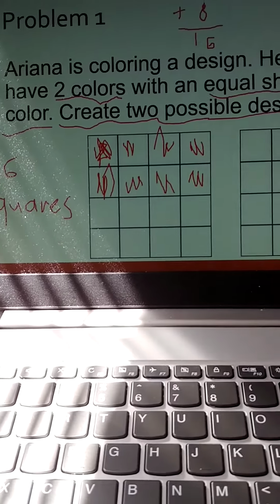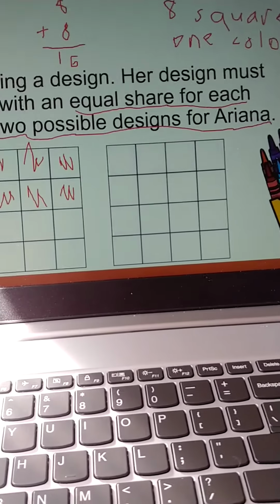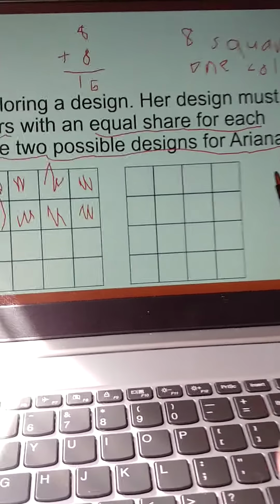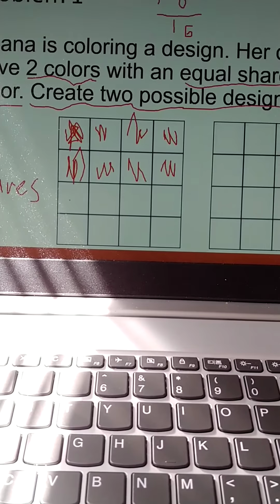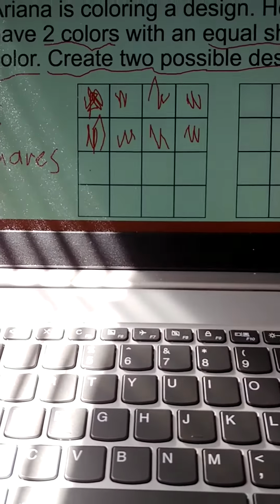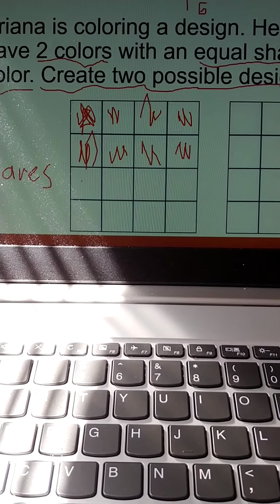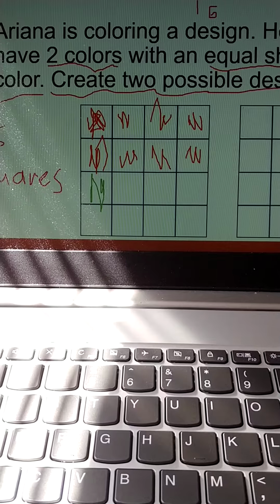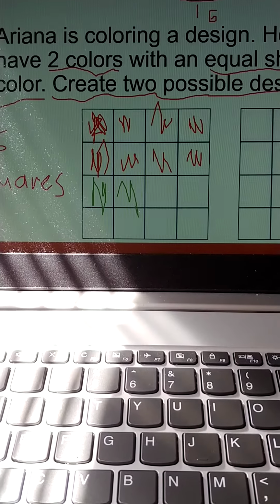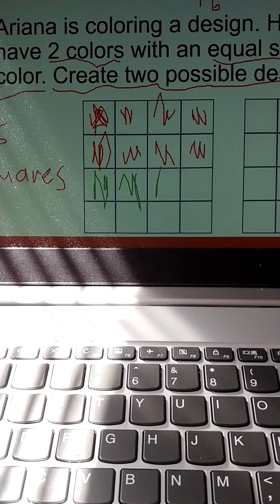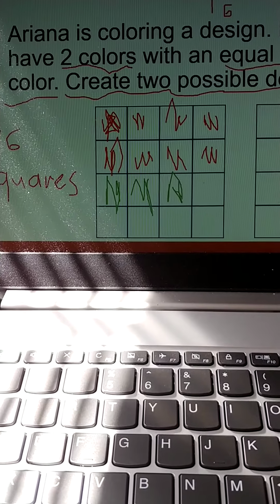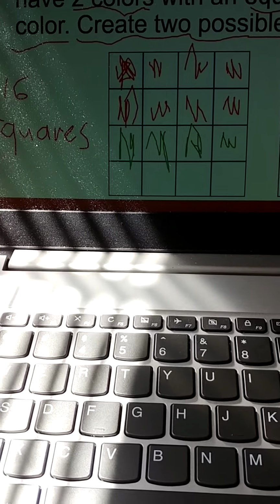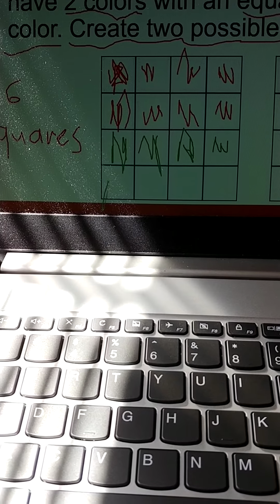Now I have to use another color. And remember, we're only using 2 colors. So I'm going to pick green. The first color we're going to work with is red, and the second one is going to be green. So now let's color in the rest of the squares green. 1, 2, 3, 4, 5.